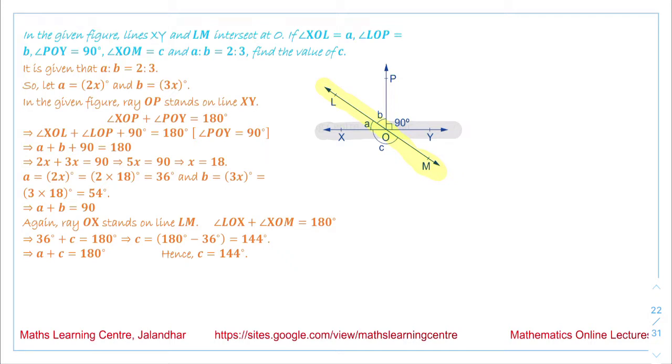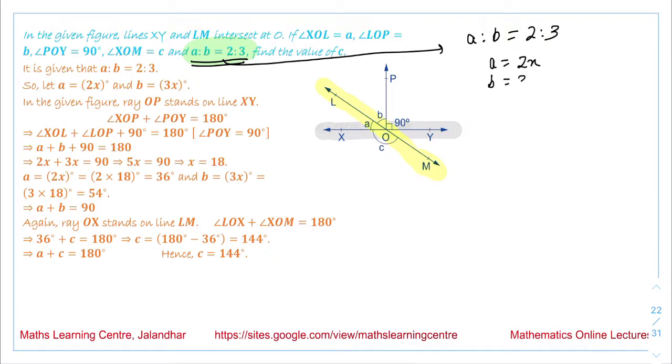And one more thing is given, that the ratio of A to B is 2:3. If the ratio of A to B is 2:3, it means if A is 2x, then the value of B will be 3x. So basically it is given that A is equal to 2x and B is equal to 3x.